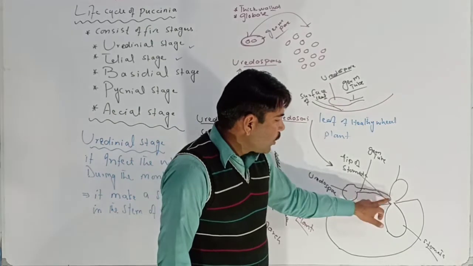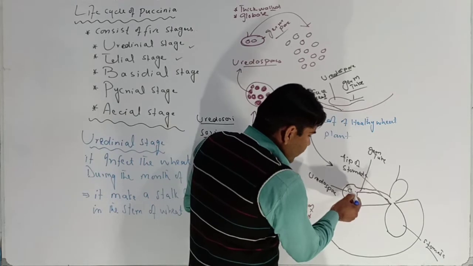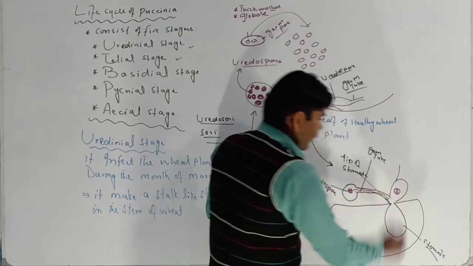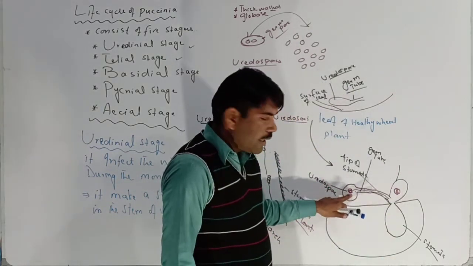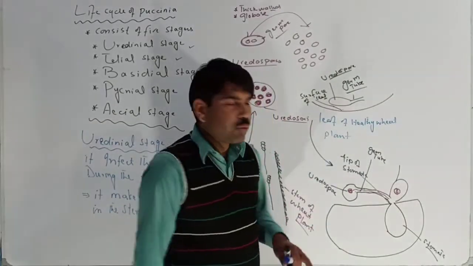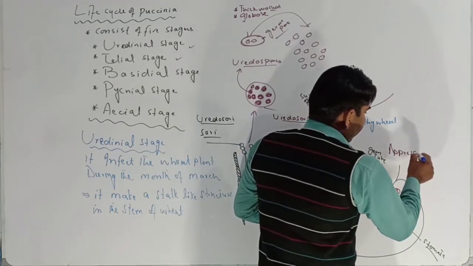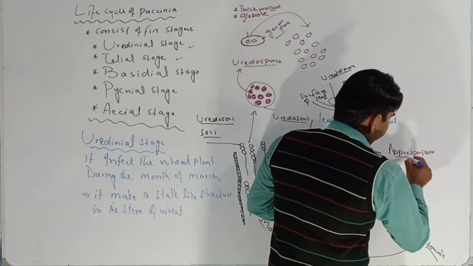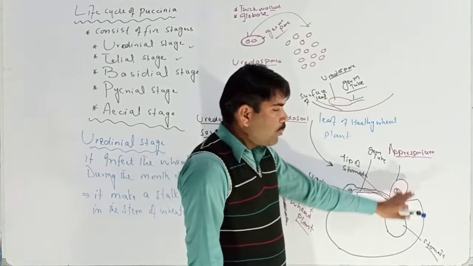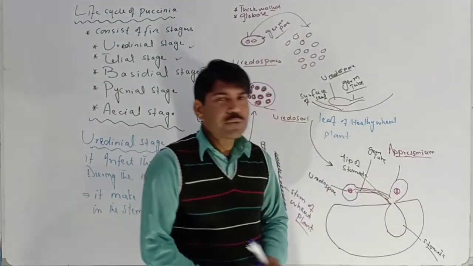How does this appressorium form? When the germ tube grows to the tip of the stoma, its cytoplasm and nucleus migrate into this swelling. Once the cytoplasm and nucleus have migrated into the swelling, it is known as the appressorium. The appressorium will produce a fine tube inside the stoma.